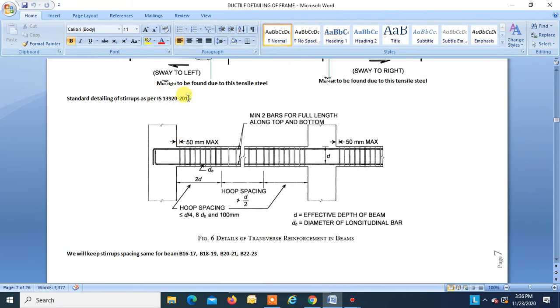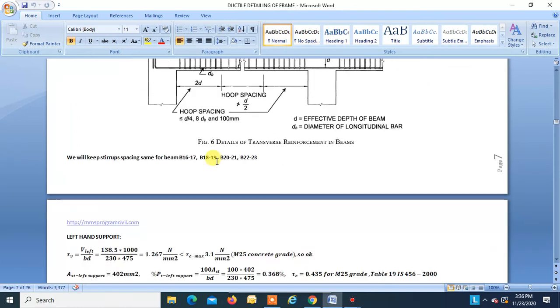Please refer to that code for the orientation of the hoops, and the extension of the hoops to be done. Everything is explained in detail in this code.